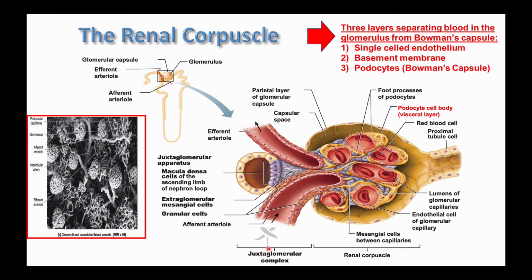All the RBCs, everything, go inside here and start to go through this proximal convoluted tubule. Here is the place where simple filtration of urine takes place. The remaining RBC cells will come into the efferent arteriole.